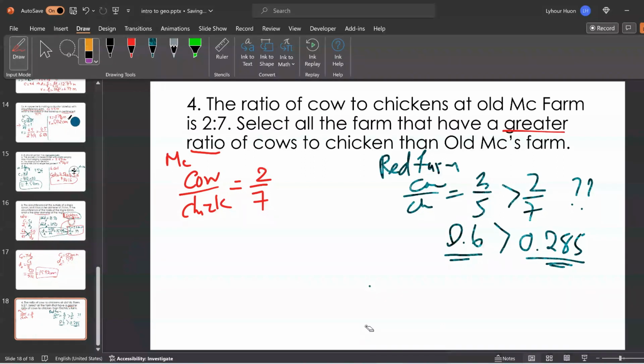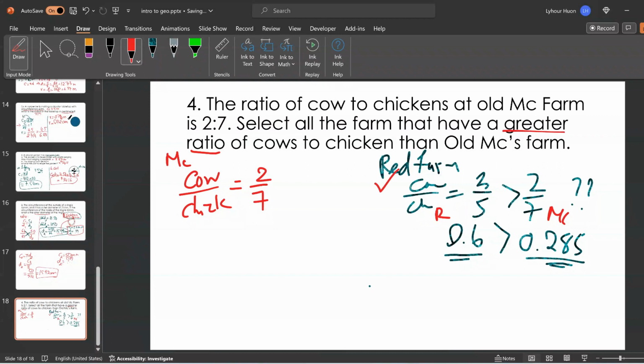So 0.6 is Red Farm. 0.285 is Old McDonald's Farm. So now we know that Red Farm is greater than Old McDonald's Farm. So this is also the answer, what we're looking for. Yes, the Red Farm as well. Don't forget.